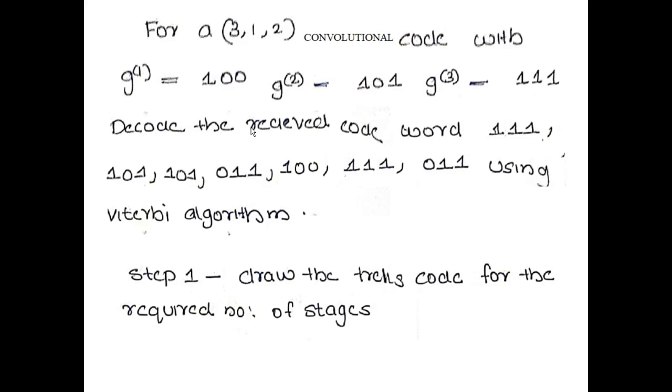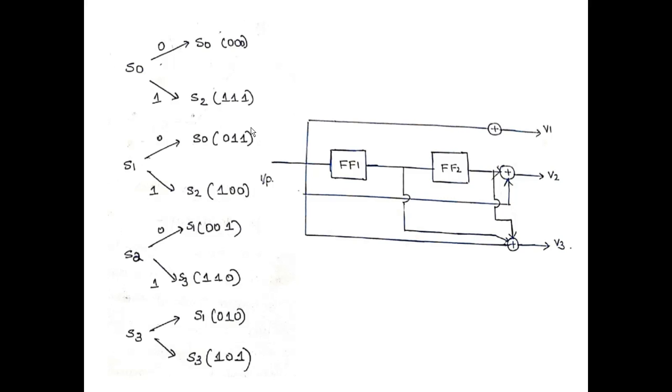The first step is to draw the trellis with the required number of stages. To draw this trellis diagram we need the state table, or the state diagram, or the encoder circuit. Here we can first draw the encoder circuit. From the encoder circuit we can easily find the state transition table.